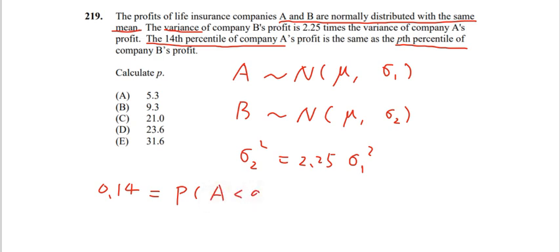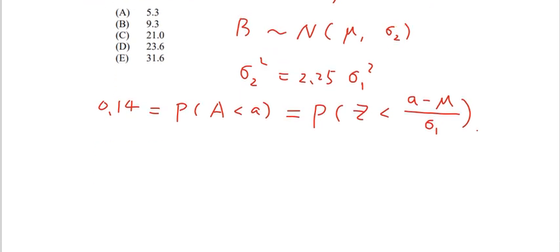Changing to standard normal, P(A less than a) equals P(Z less than (a minus mu) over sigma 1). From the standard normal table, we can find this cutoff point, (a minus mu) over sigma 1, and we say it equals alpha 1. This is from the table.